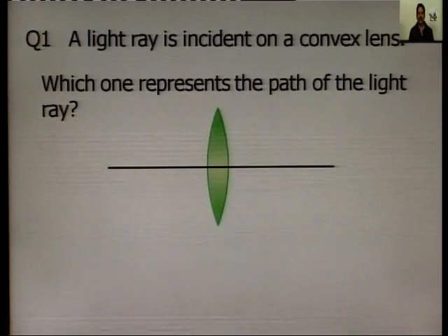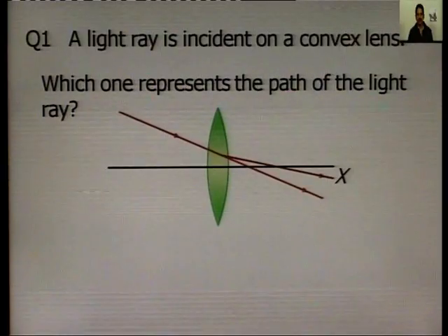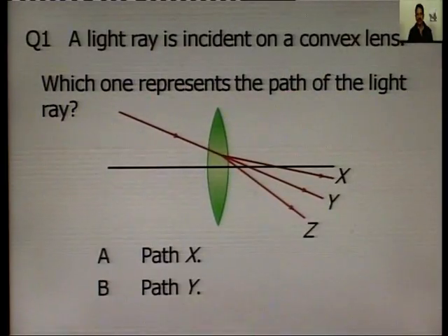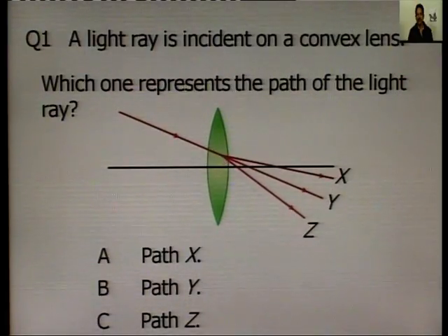Now, a light ray is incident on a convex lens. Which one represents the path of the light ray? So, in this exercise, we have got three options. This ray of light is incident on the convex lens. One of the rays, X, is moving away from the principal axis.